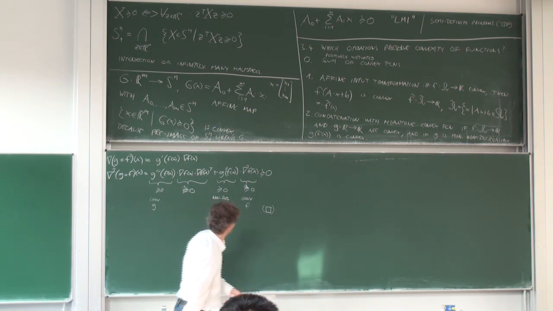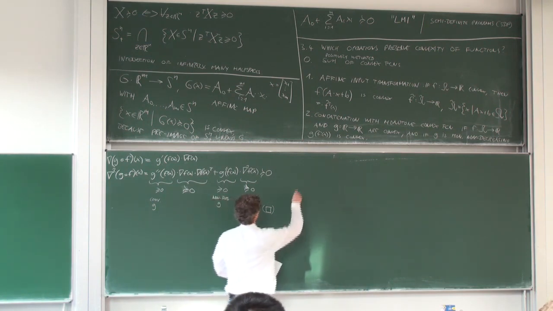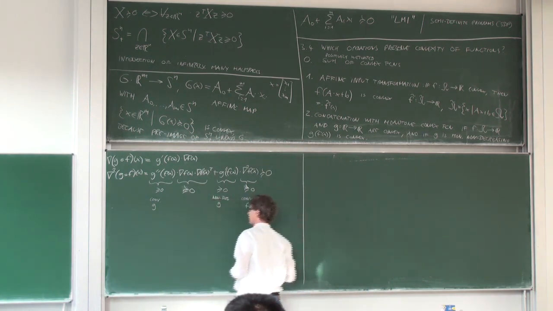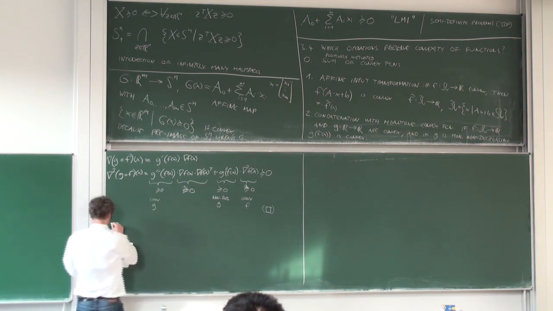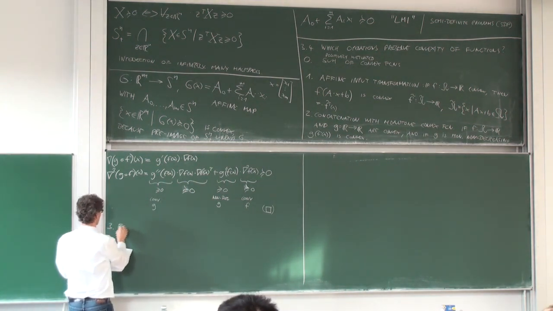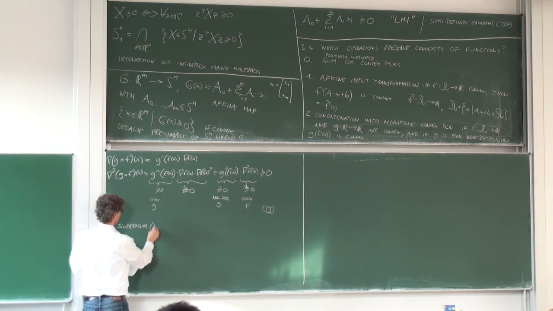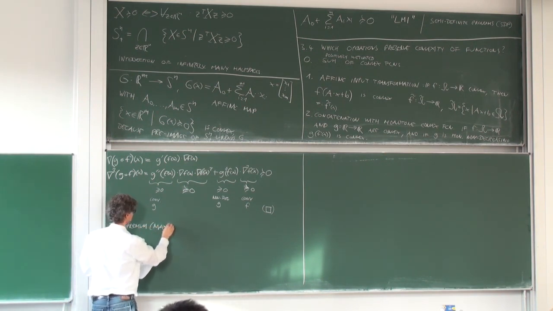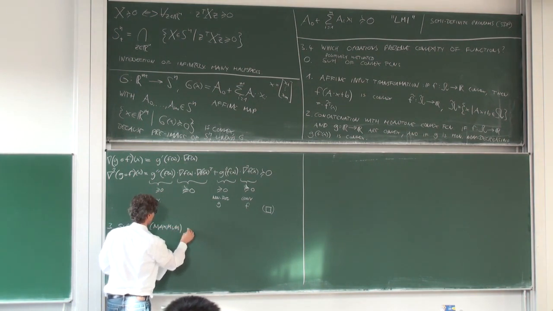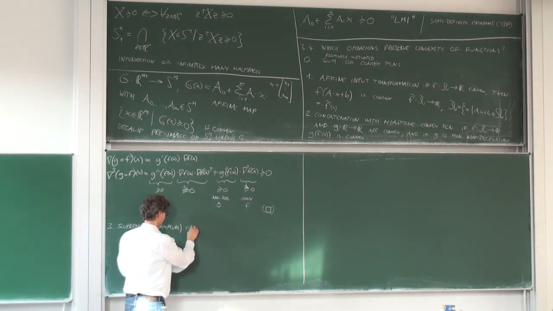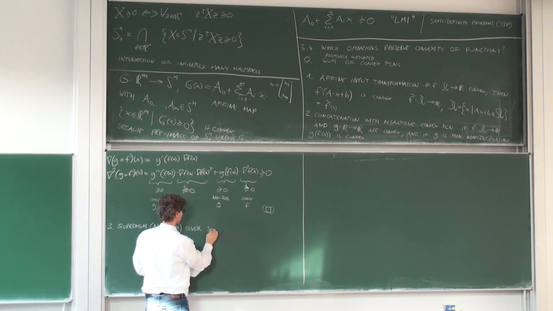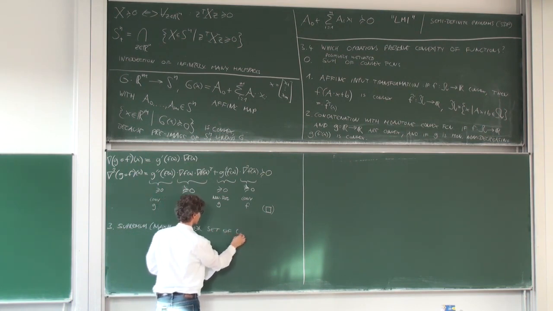And that's quite a remarkable and also very useful property. So this is the supremum, or if it exists, a maximum over a set of convex functions.